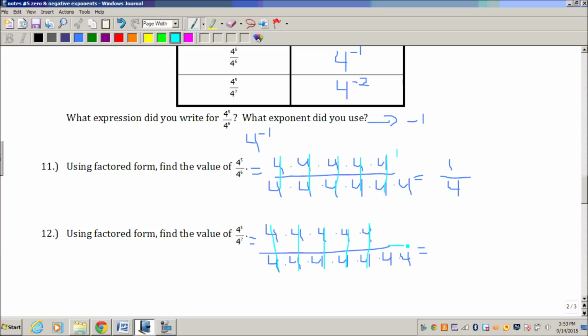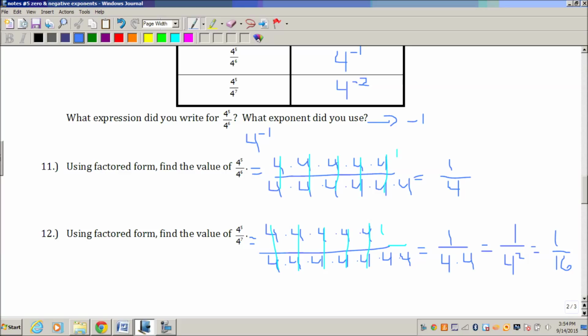So in the numerator, again, we have the number 1. In the denominator, we have 4 times 4. So this is 1 over 4 times 4, which we can write as 1 divided by 4 squared, because we know that 4 times 4 means 4 squared, or you could write as 1 divided by 16, or 1/16.